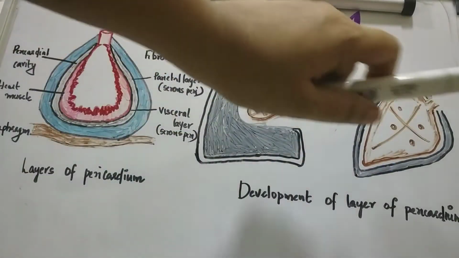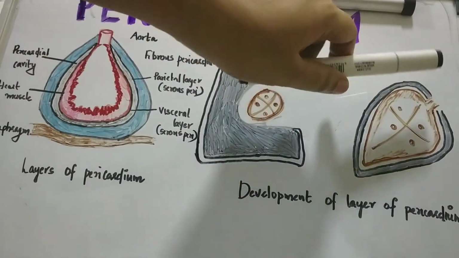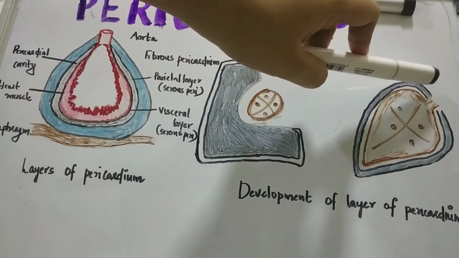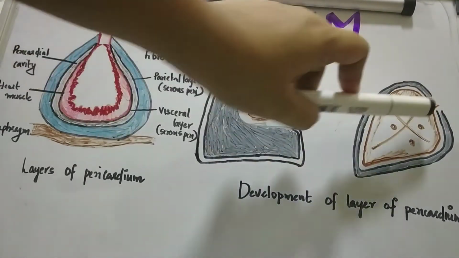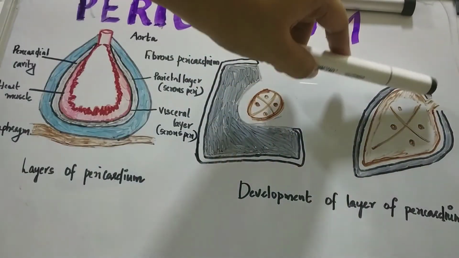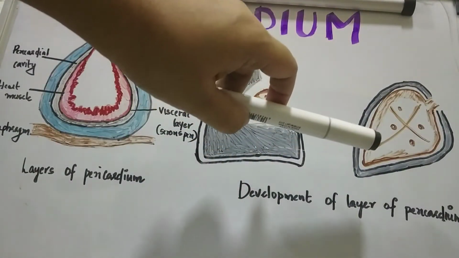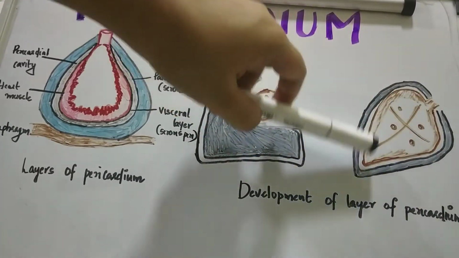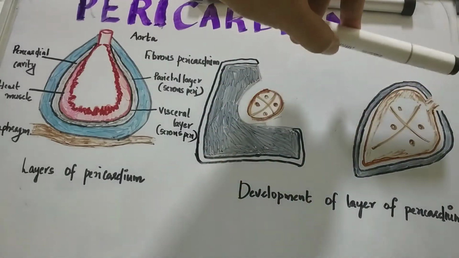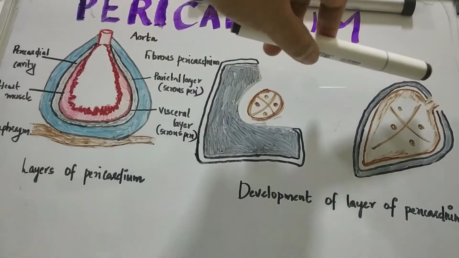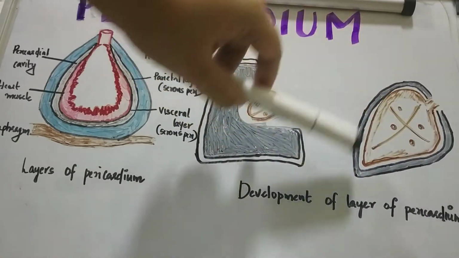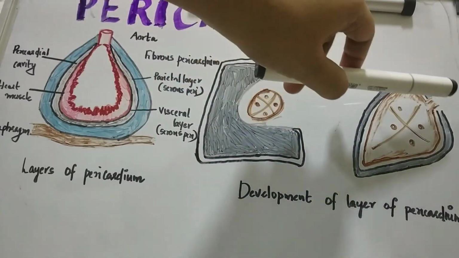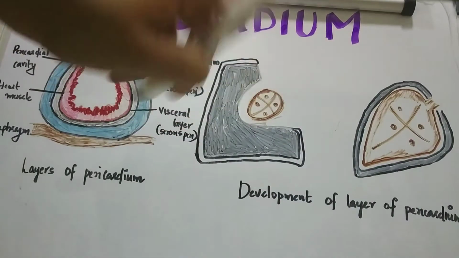As the heart grows, it completely fills in, and the outer surface of the serous pericardium fuses with the inner surface of the fibrous pericardium, while the inner visceral layer fuses with the myocardium, that is the wall of the heart.